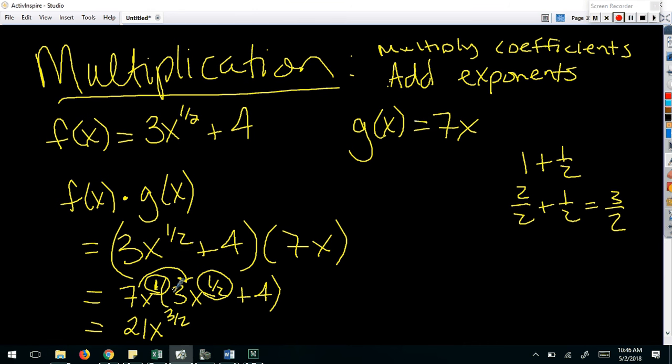You can't add 1 and 1 because that's not 3x. That's 3x to the 1/2. What happened to the fraction in the top? We still are adding. It's just different exponents now.